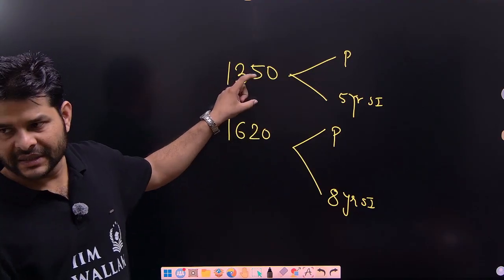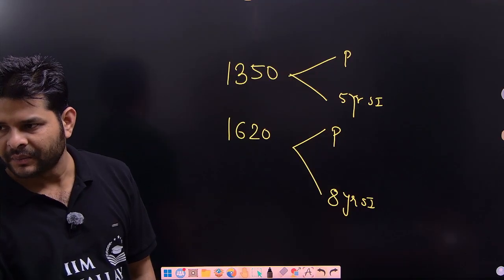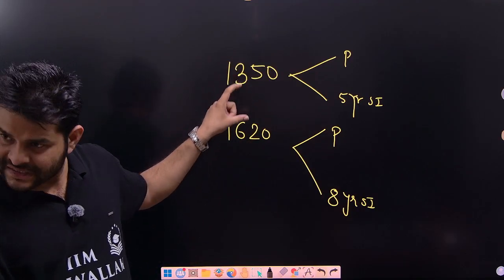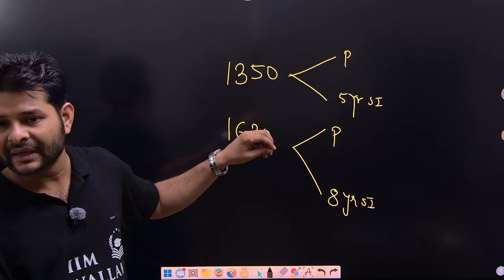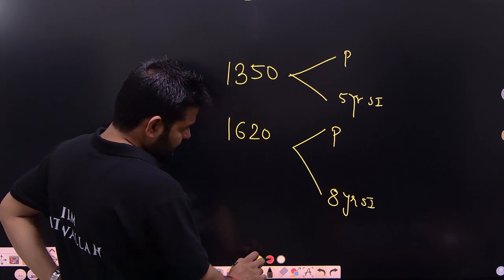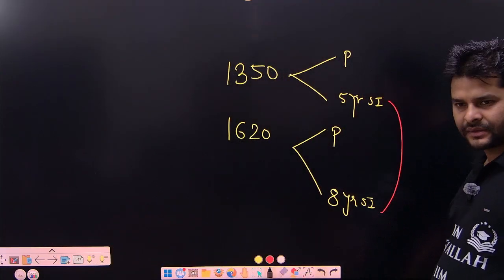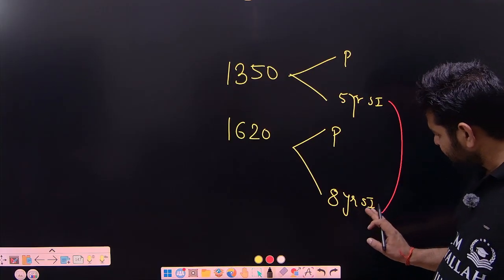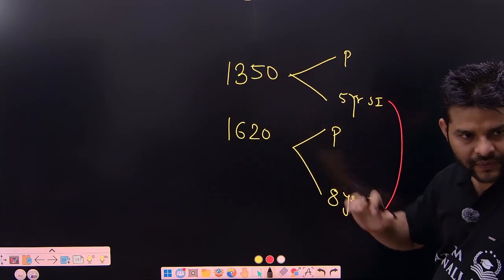This value represents principal as well as 5-year SI. Basically this is amount and this is also amount. In this amount, we have principal plus 8-year SI. So basically, the difference of SI here to here is 3 years. Basically, 3-year SI, if we add in this value, we will get this value.